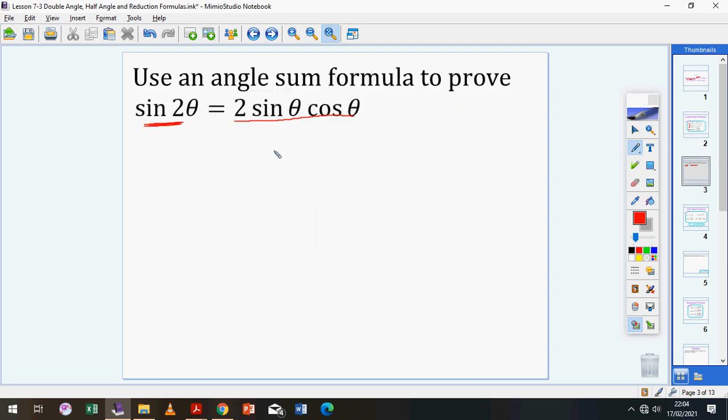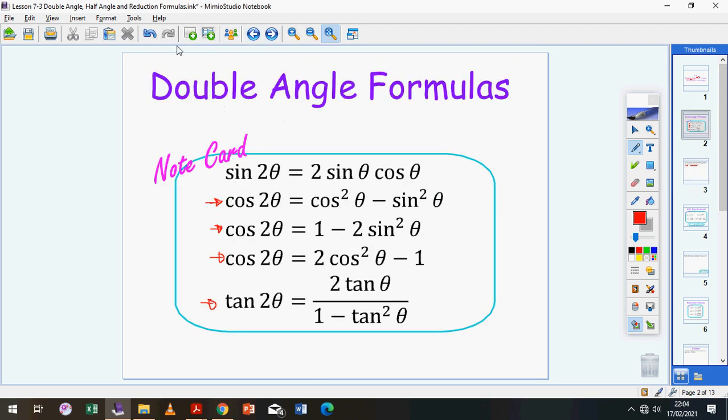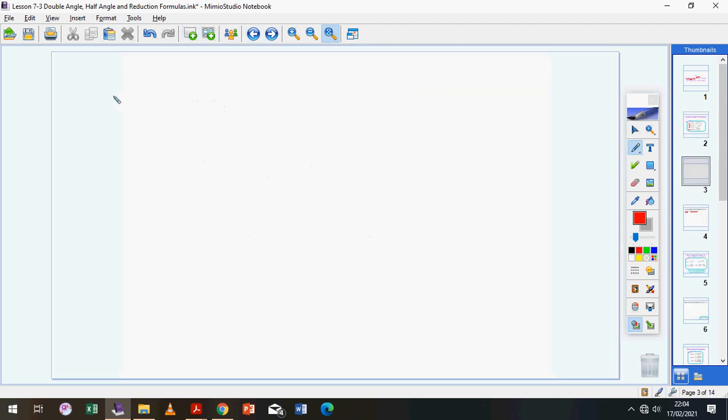So something that I would like you to do on your own is go back to the sum and difference formulas. If you go to the sum formula for, let's start with sine, sine of x plus y, you remember, was the same as sine of x cosine of y plus cosine of x sine of y.